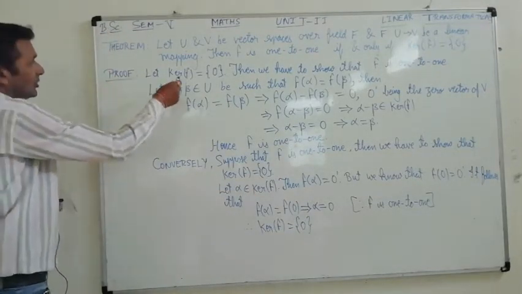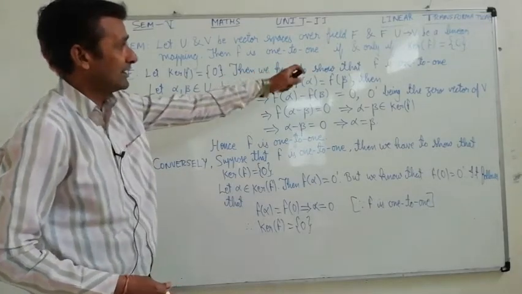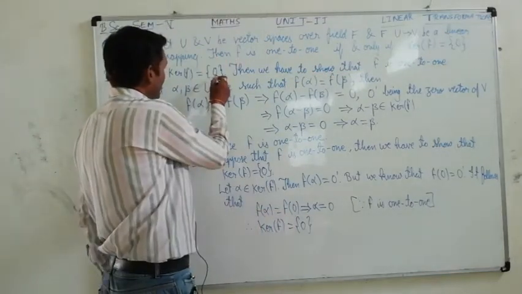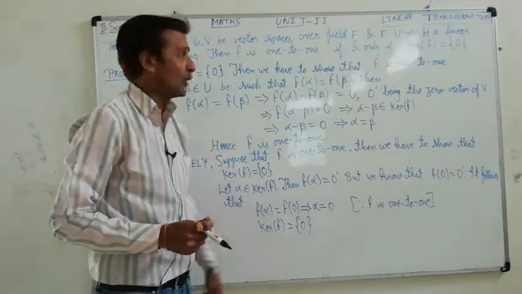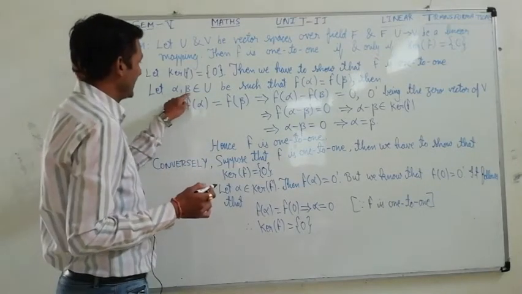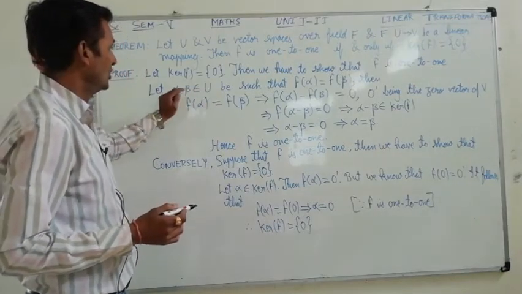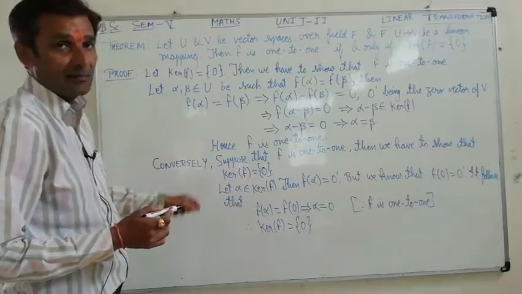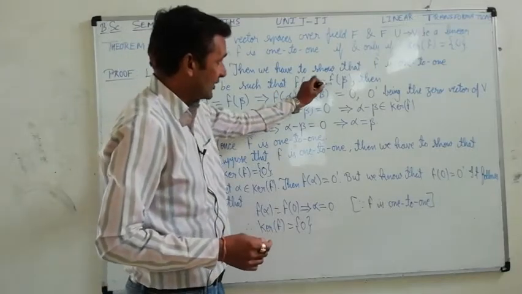Let kernel of f be equal to 0, then we have to show that f is 1 to 1. So, let alpha, beta be elements of the vector space U, so alpha and beta both are vector elements, such that f of alpha is equal to f of beta.